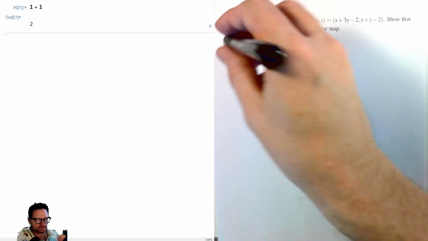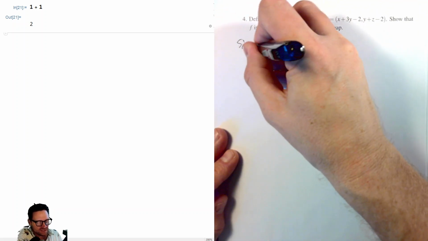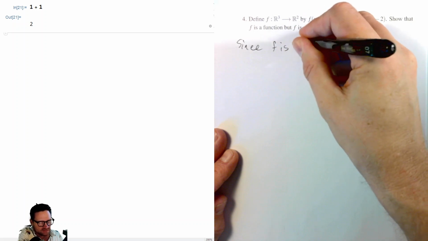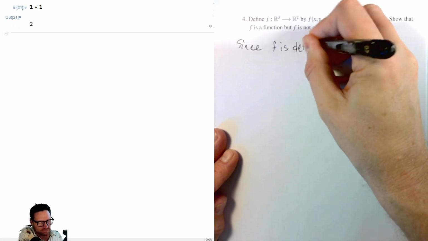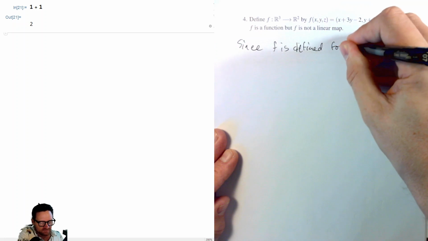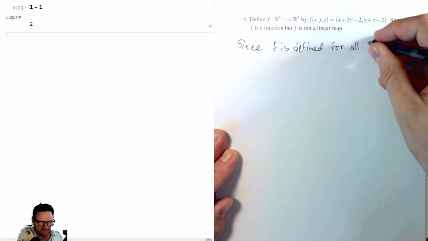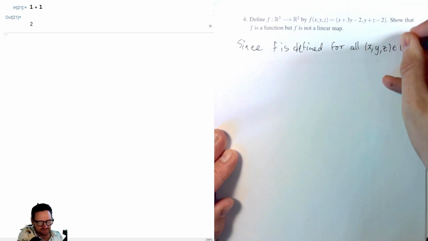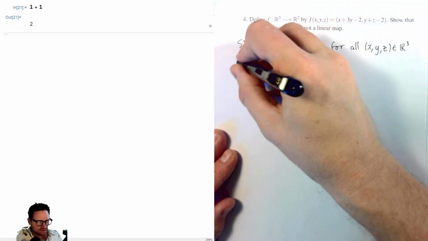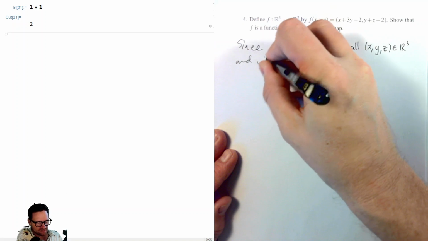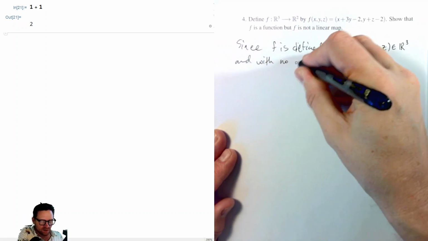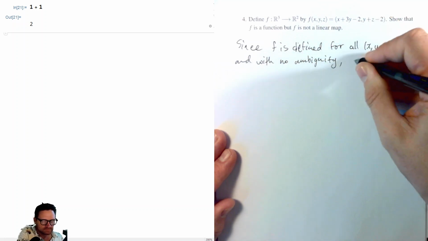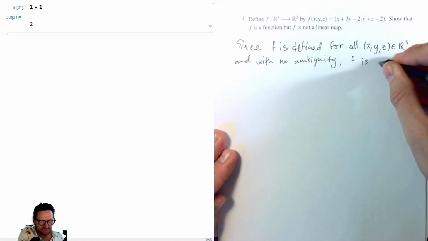So, since f is defined for all vectors x, y, z in R3, and with no ambiguity, f is a function.